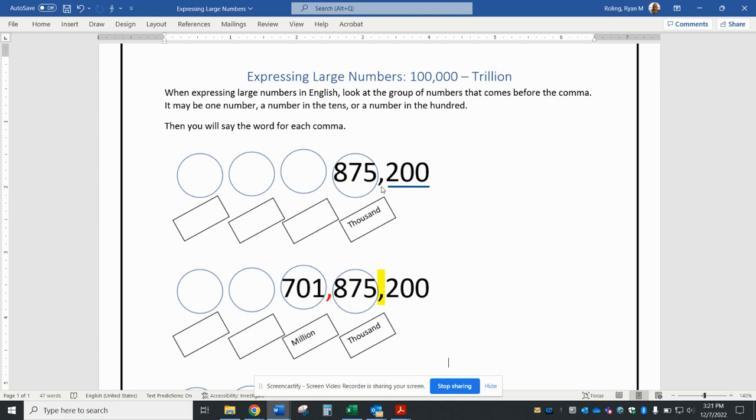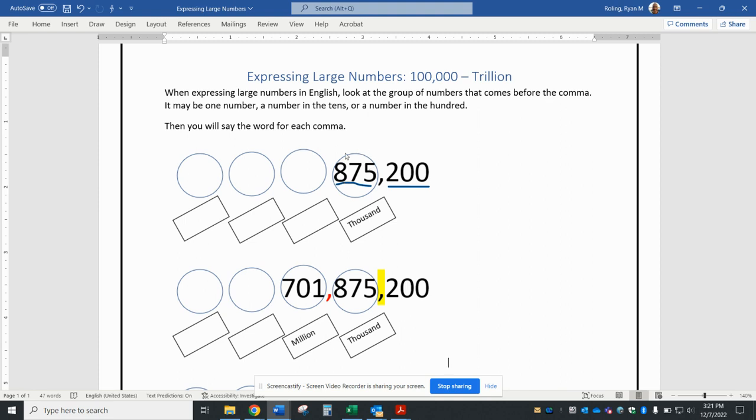And then we have a comma, and this first comma in English is thousand. And then we have another group of 3 numbers. So in order to say this, I look at the 3 numbers in this group, the comma, and then the 3 numbers that follow. And I read from left to right, just like I do with words.